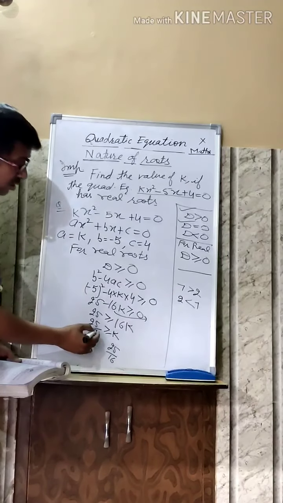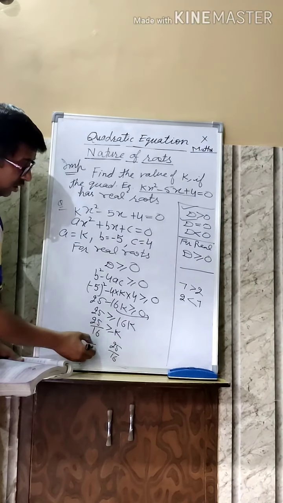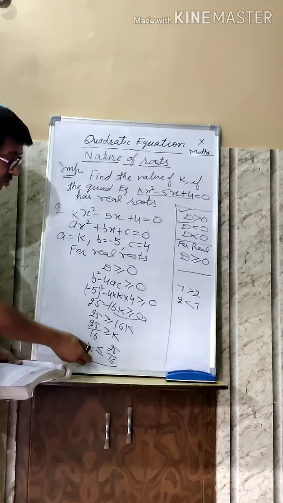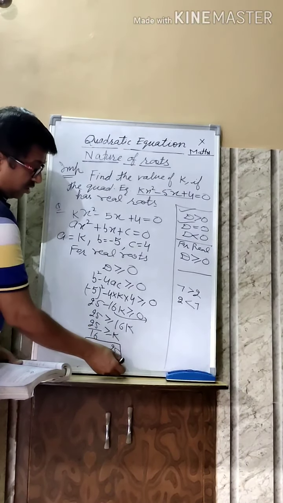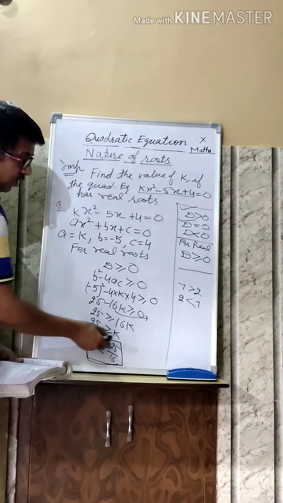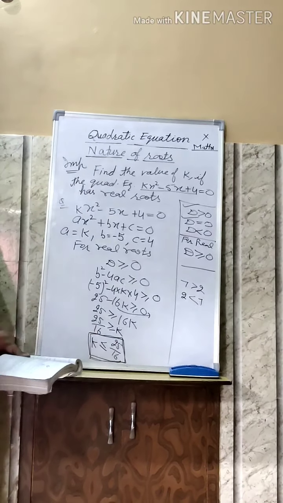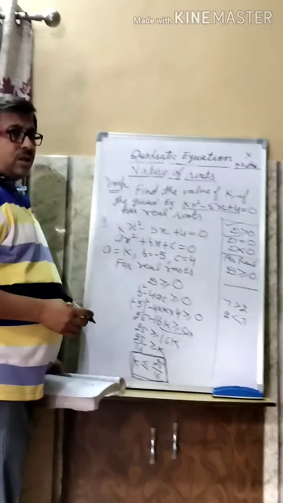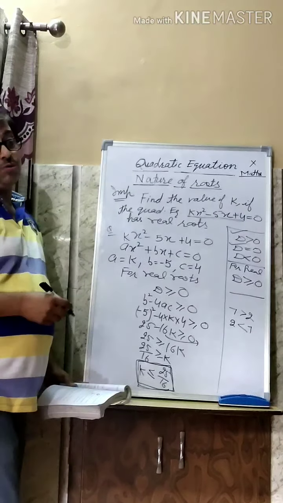So same here. If 25 by 16 is greater than or equal to k, then k is less than or equal to 25 by 16. This is the value of k for which the given equation has real roots.